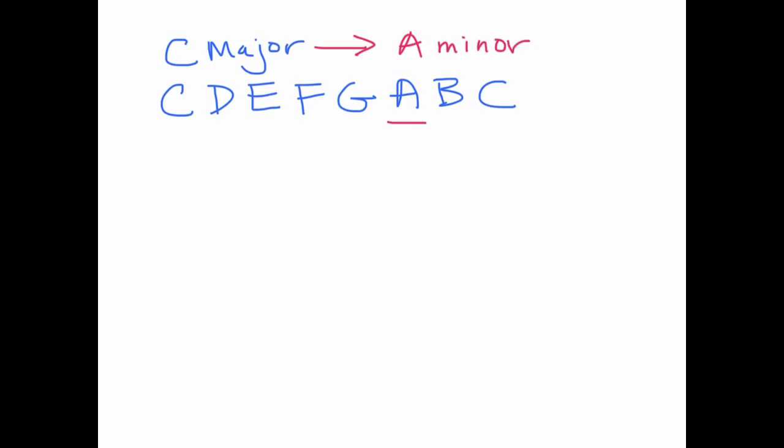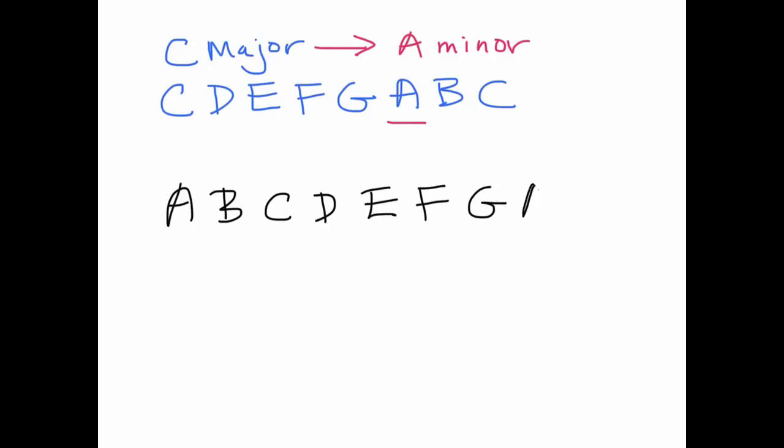Well, what are the notes going to be of the A minor scale? So instead of starting on C now, we're going to start on A and use the exact same notes as the C major scale. So the notes for A minor will be A, B, C, D, E, F, G, and A. And this is what we call the natural minor version of the scale.